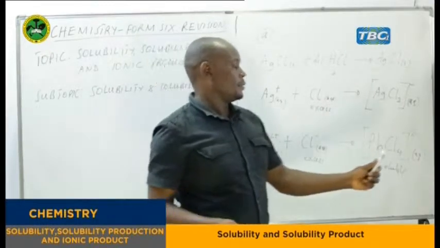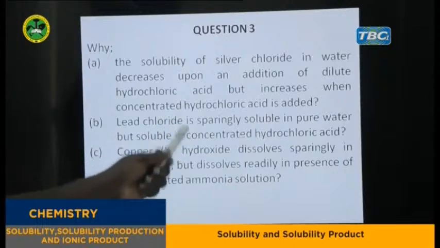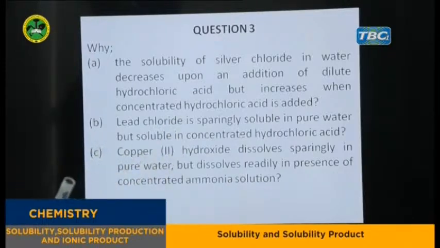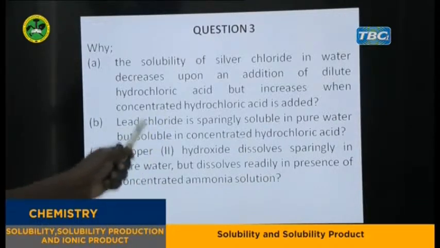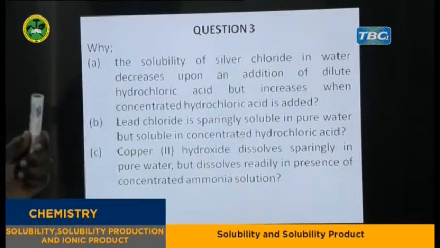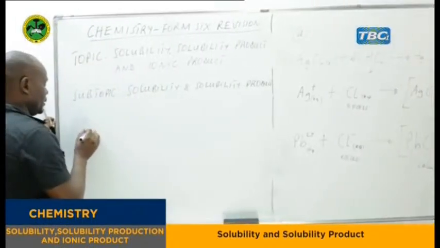And the third part of our question is that copper(II) hydroxide dissolves sparingly in pure water, but it dissolves readily in the presence of concentrated ammonia solution. So what does it mean here is that copper hydroxide is this one.